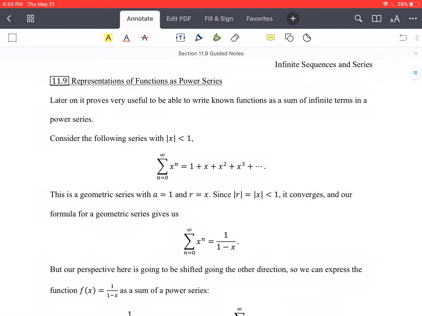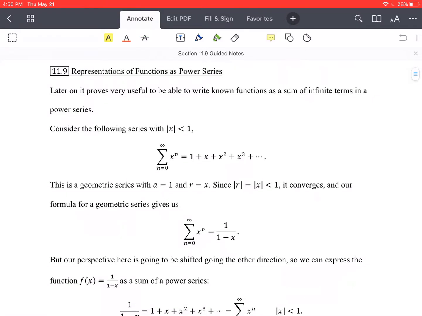So what we're going to look at first here is the series of terms x to the n power, with n going from 0 to infinity. So that's just the series 1 plus x plus x squared plus x cubed, etc. Now this may not look like it on the face of it, but this is actually a geometric series, with a equal to 1 and r equal to x.